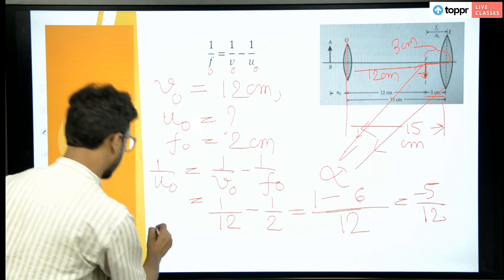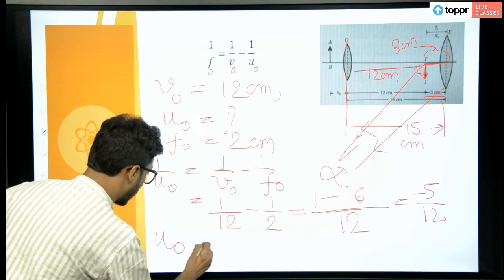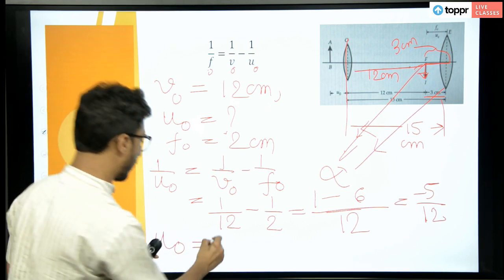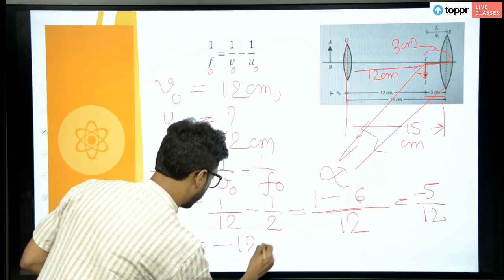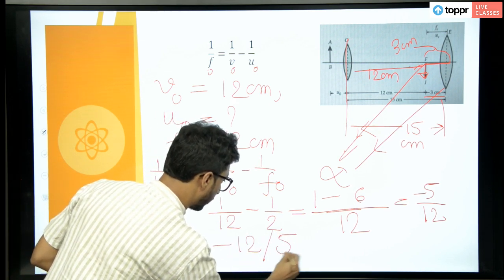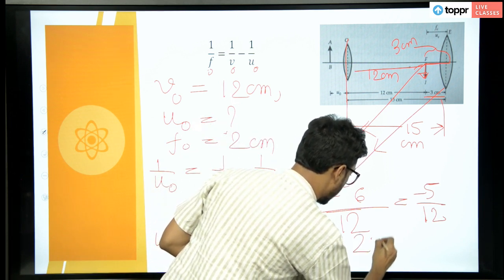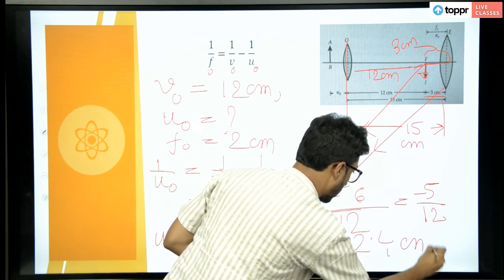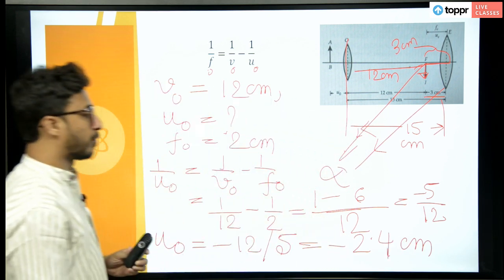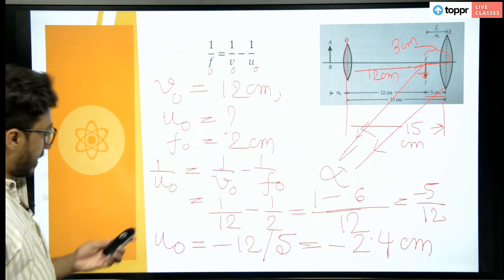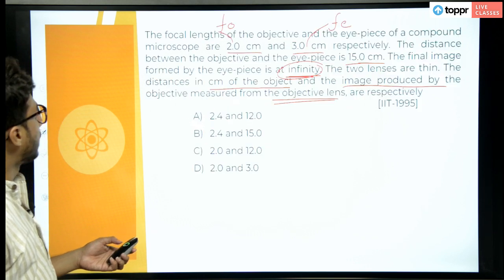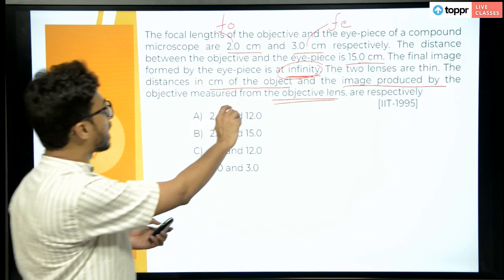So that is u0 equal to minus 12 by 5, which is minus 2.4 centimeter. Let us see what are the answers. We have to find out the image.